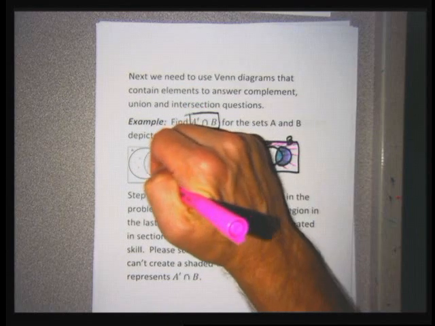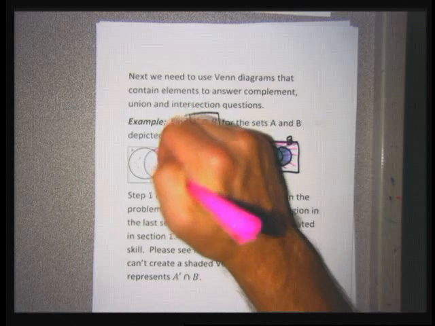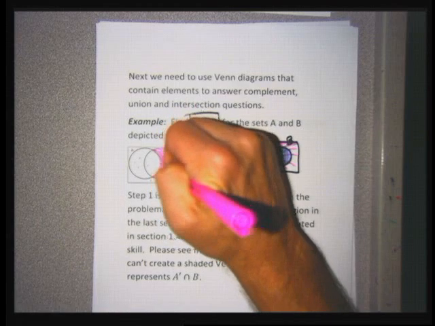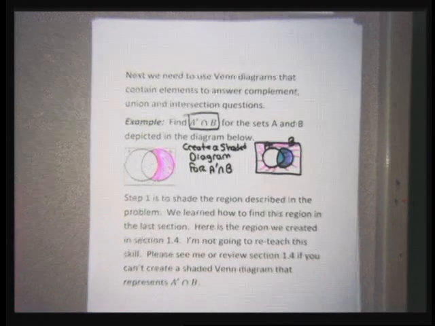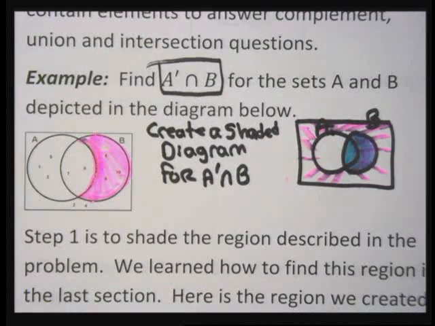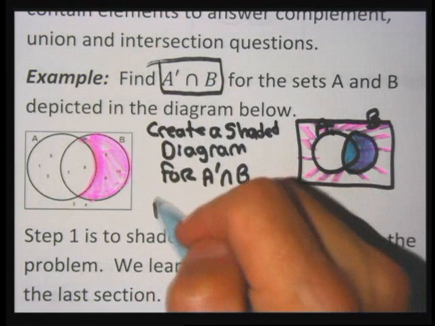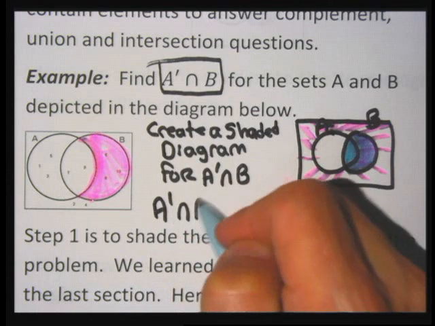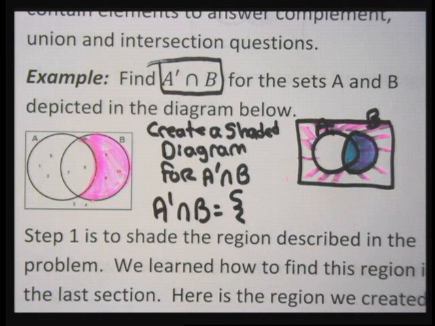So this is a shaded region of A prime intersection B. If I have a Venn diagram and I apply that shading to the Venn diagram, then the answer is just the elements that are in the shaded region. So the answer to this example, A prime intersection B, is the set that contains the numbers, I think that says 6, 8, and 10.